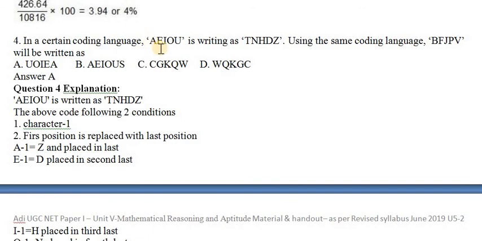For A, the previous letter is Z, and then that answer should be kept at the end. For example here A, the answer is Z, and this Z is kept at the end, like that. E, the answer is D, that is kept here. I, the answer is H, kept here, like that.